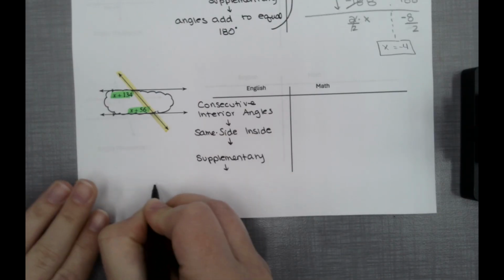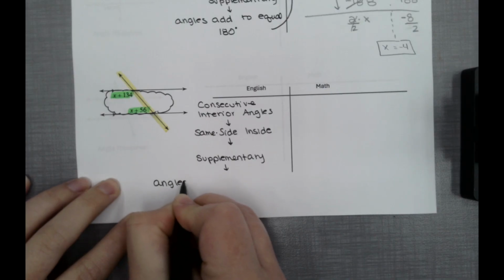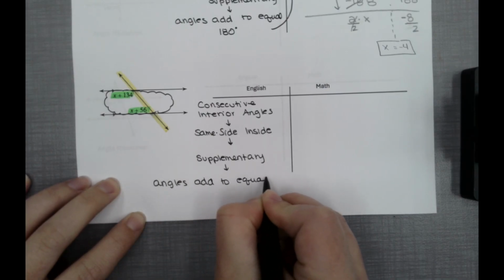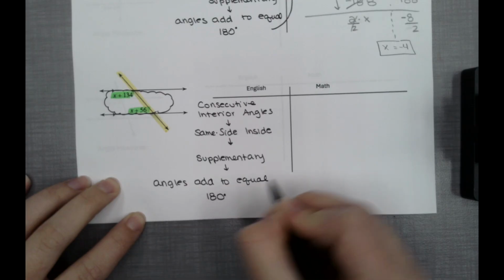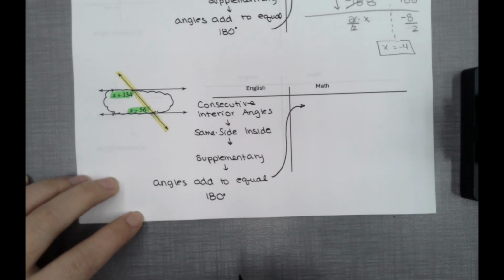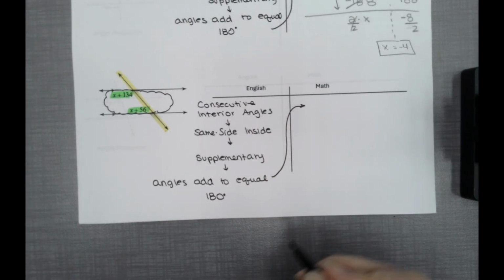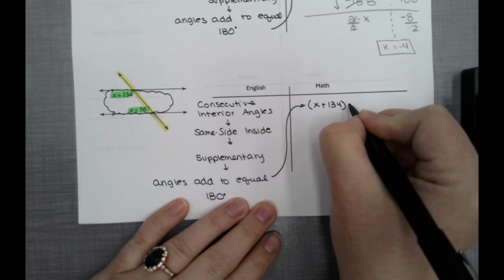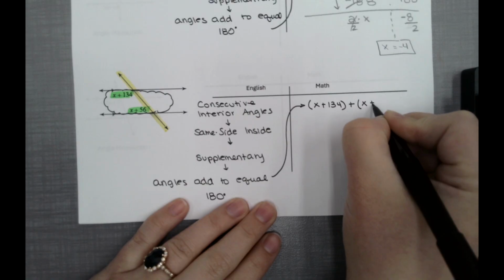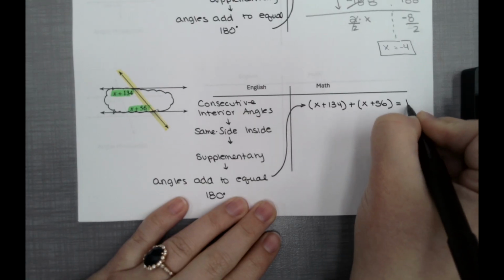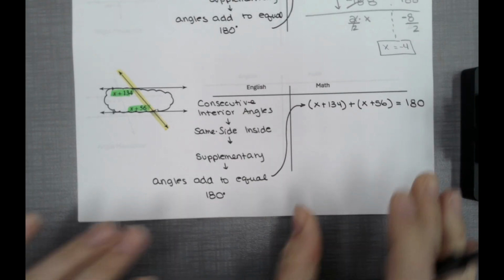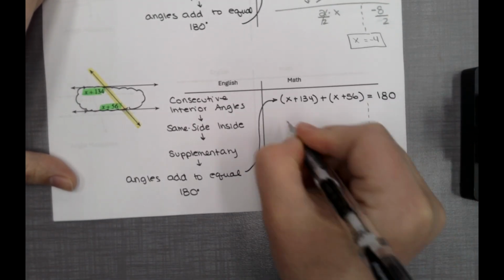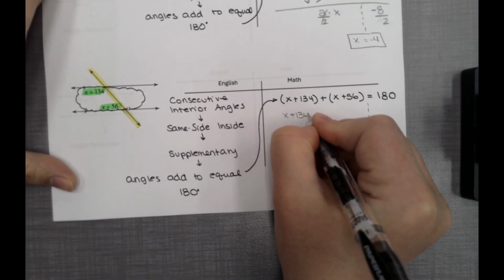Which means that the angles add to equal 180 degrees. Again, so that's what we're going to use. That English is what we're going to use for our setup. That means the angle, so x plus 134, added to the other angle, x plus 56, equals to 180 degrees. Dotted line for balance. Drop your parentheses. Let's combine like terms.